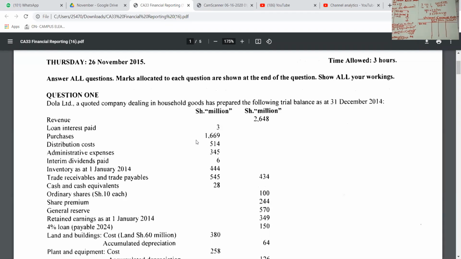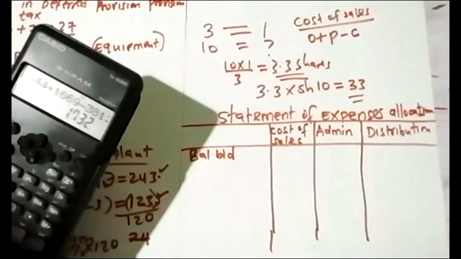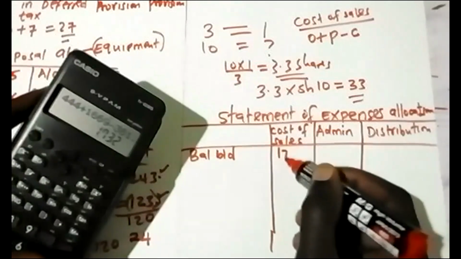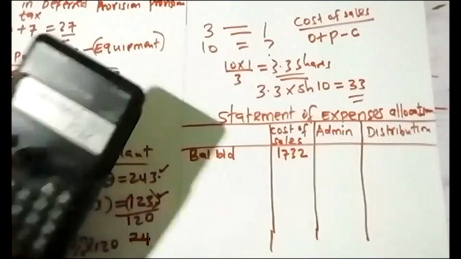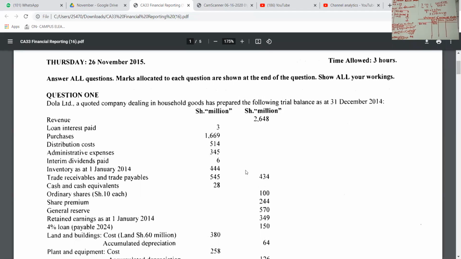So which means that my cost of sales will be 1732, opening stock plus purchases minus closing. For the admin it is 345, this one. Distribution is 514.